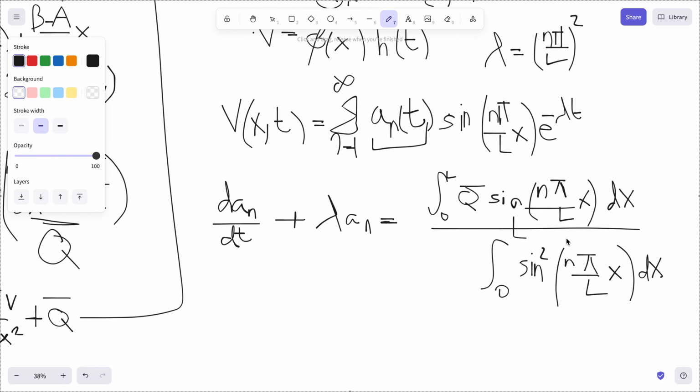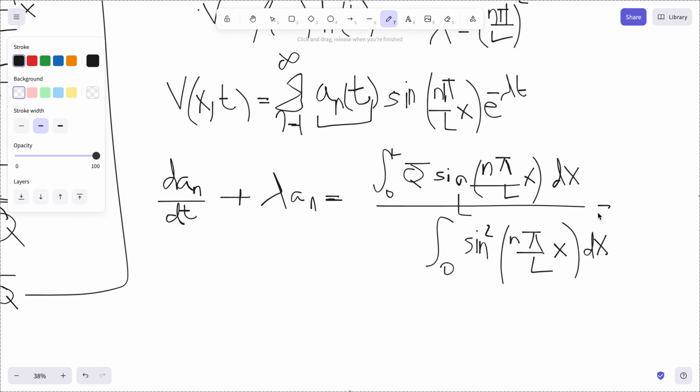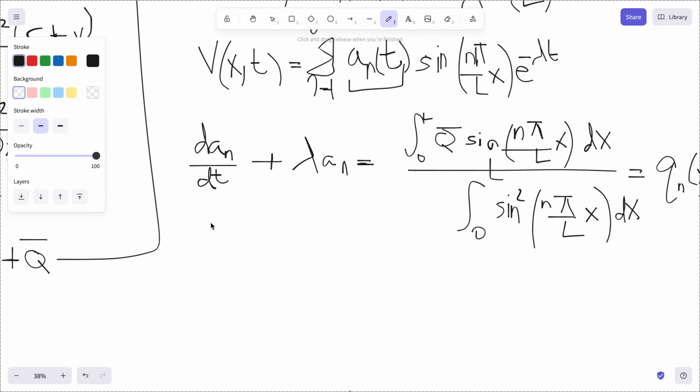And the way we do that, we'll label this huge term that we've written out over here as lowercase q sub n of x comma t. So the way to solve this is we have to bring these two terms into one term.